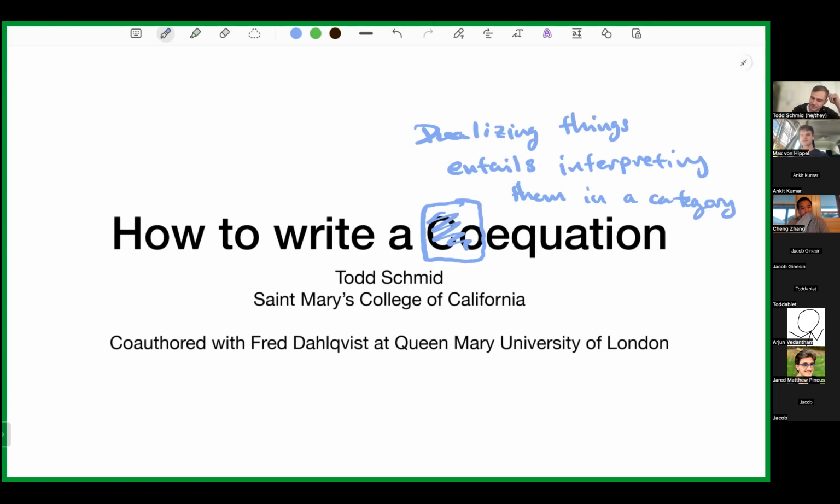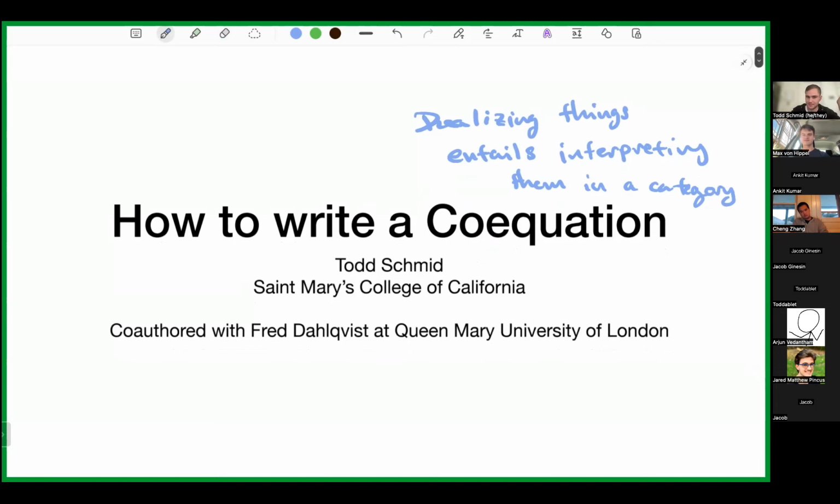Once we've done that, we can go back to this slide, erase this box I've drawn over co, and actually talk about coequations, which are intended to be the dual of equations.